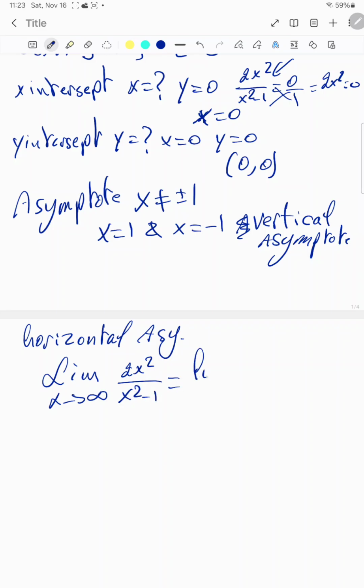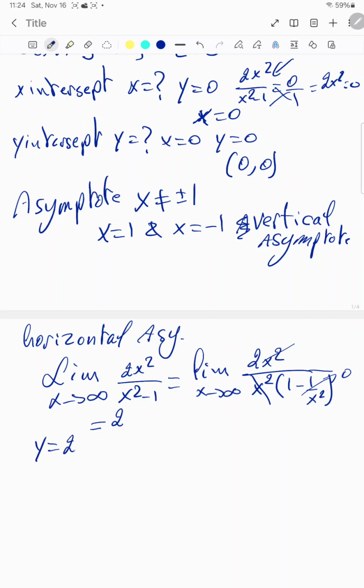It is equal to the limit when x goes to infinity of 2x squared divided by, I can factor out x squared in the denominator, I would have 1 minus 1 over x squared. So x squared and x squared, I can simplify it. And when x goes to infinity, 1 over x squared goes to 0. So this would be equal to 2 divided by 1, which is 2. So I know I have y equal to 2 as a horizontal asymptote.